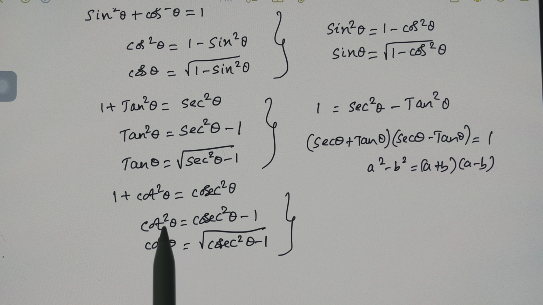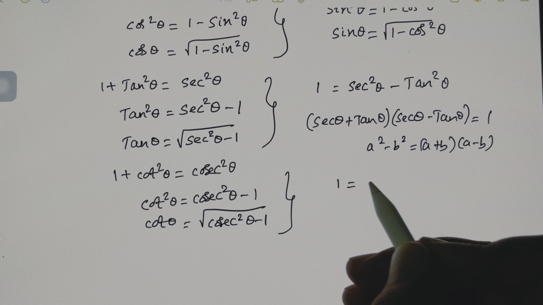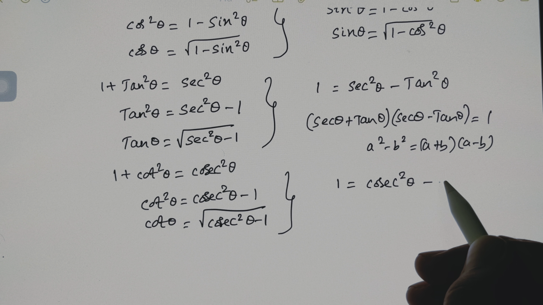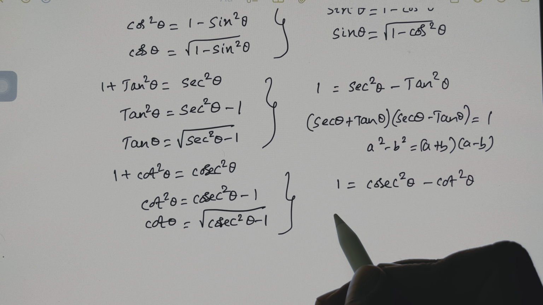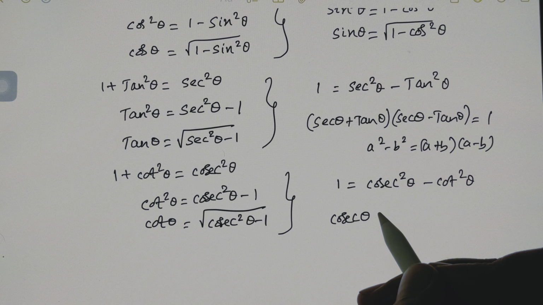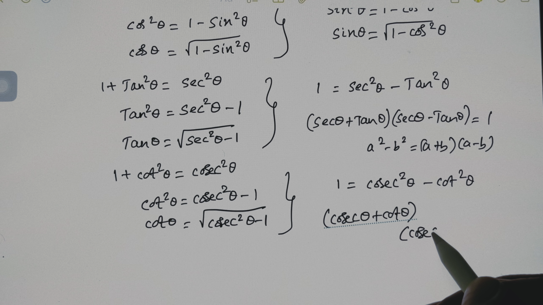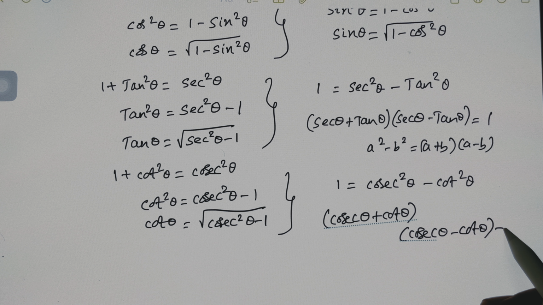Similarly, shift cot square theta to the right side: 1 equals cosecant square theta minus cot square theta. Also, we can write cosecant theta plus cot theta into cosecant theta minus cot theta equals 1.